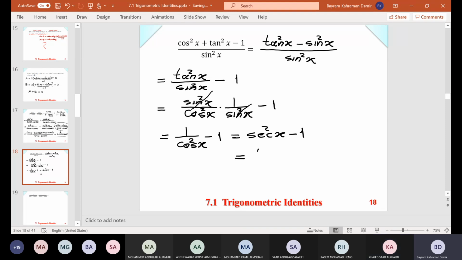Anybody knows that? Yes. So the correct answer is tangent squared x. Any question?